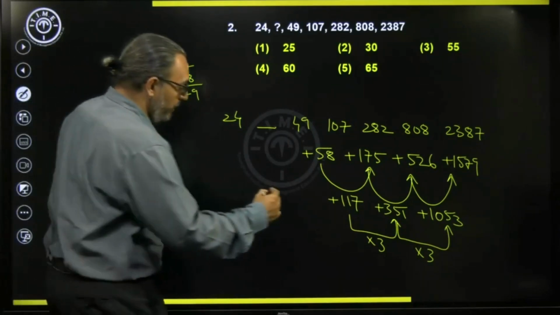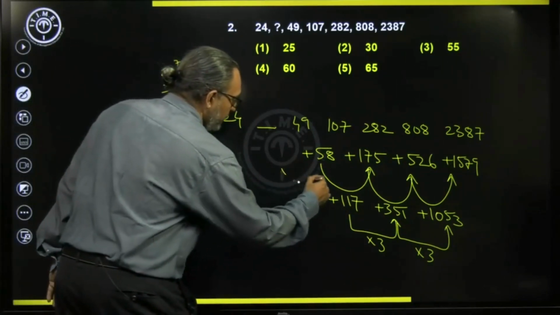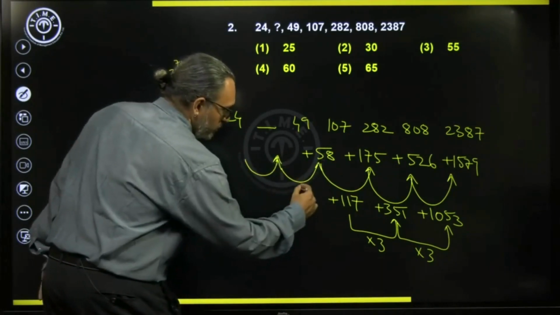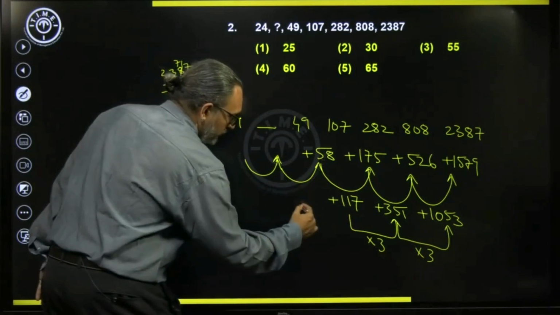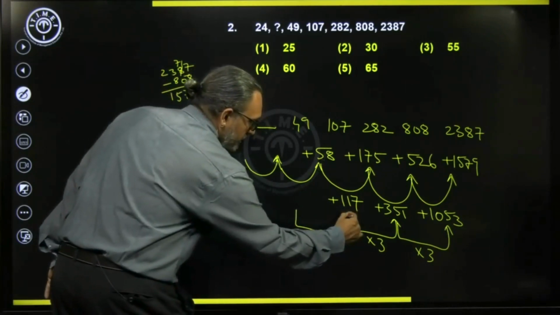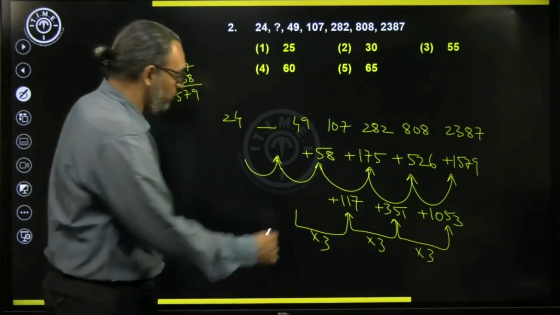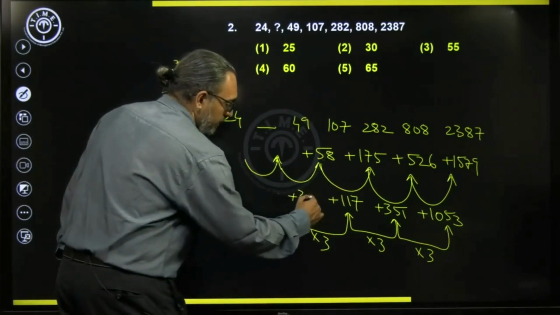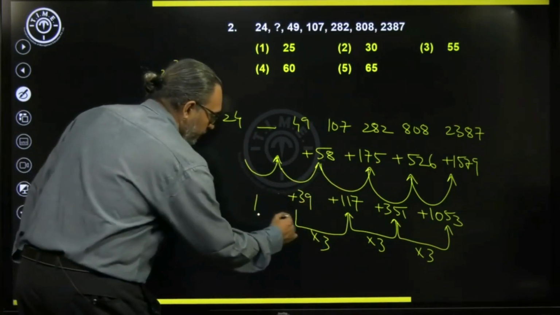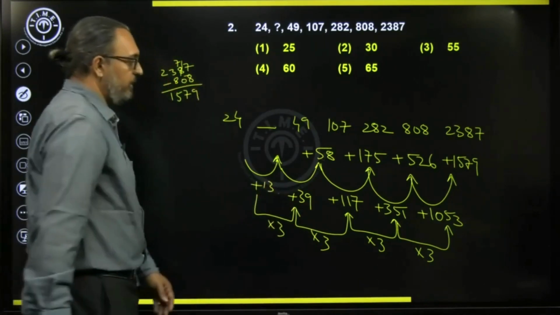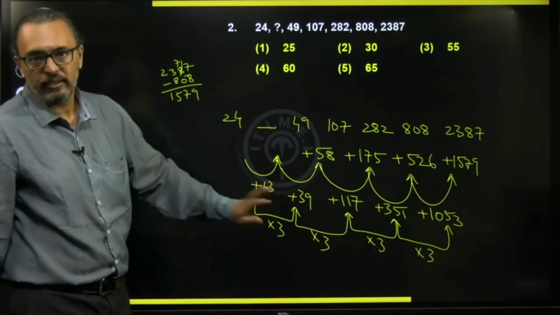So that means here also that is what we have to consider, by increasing it 3 times, meaning 117 divided by 3 you do. So you are going to get 39. And again from here it is going to be 13. So the difference of the differences will be like this.